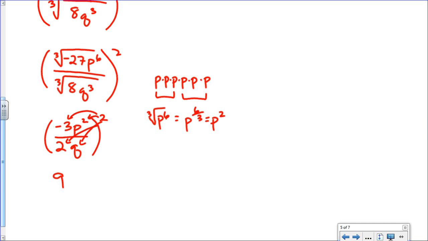Okay, and then p squared squared, p to the 4. Okay, 2 squared, and then q squared. Nothing reduces. Any questions about this one?